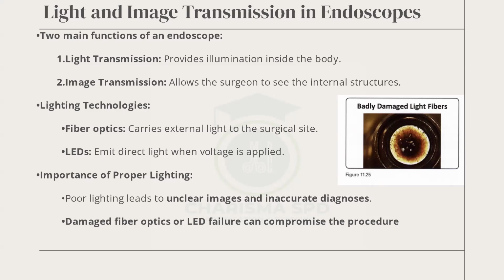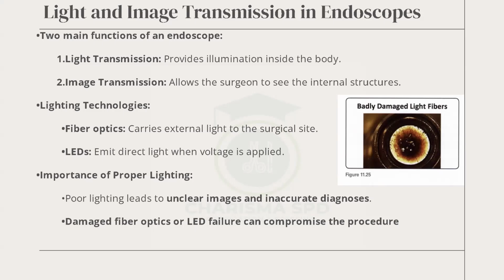Now, when the light is poor, when the cable is broken and is not able to produce a bright light, what happens? The surgeon finds it difficult to see. So poor lighting leads to unclear images and inaccurate diagnosis.